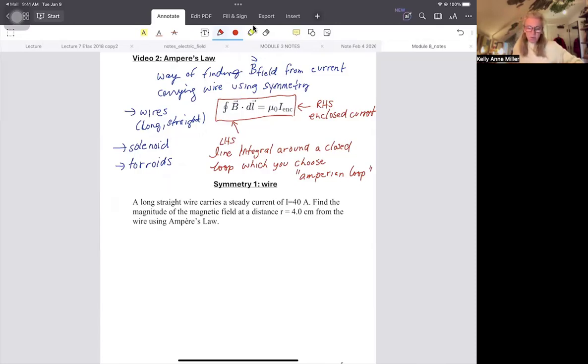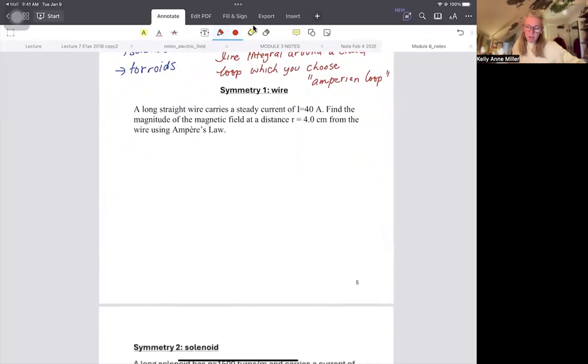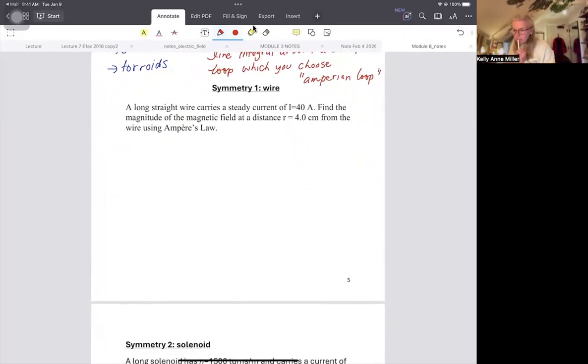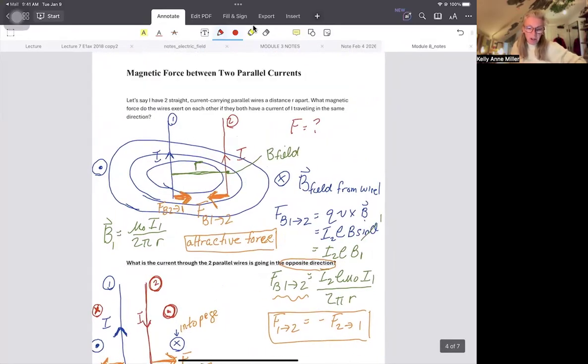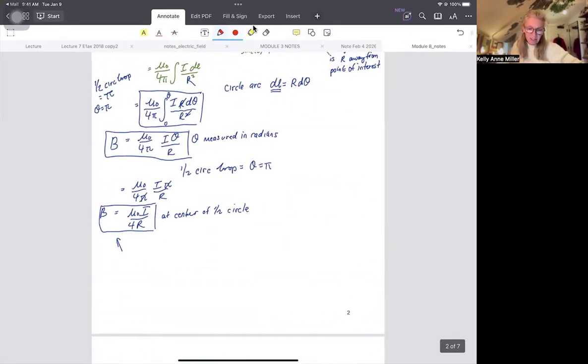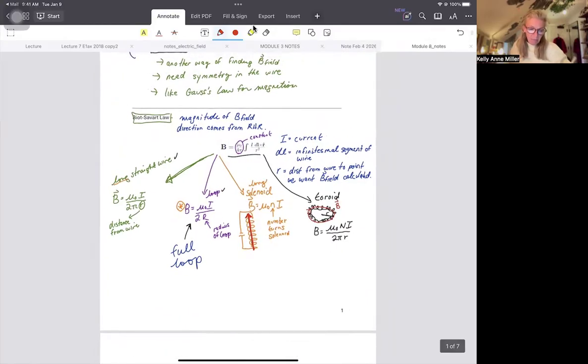Okay, so let's see what this looks like with the simplest case, which is a wire. Let's say I have a long straight wire which carries a steady current of 40 amps, and I want to know the magnitude of the magnetic field at a distance 4 centimeters from the wire using Ampere's law. It's important to note that you could just go straight to this formula.